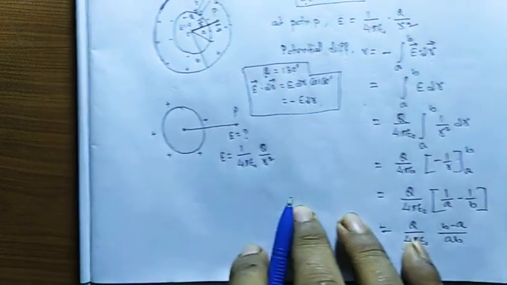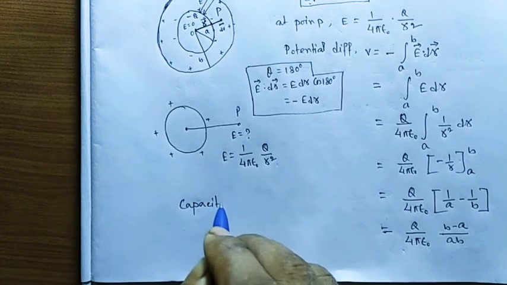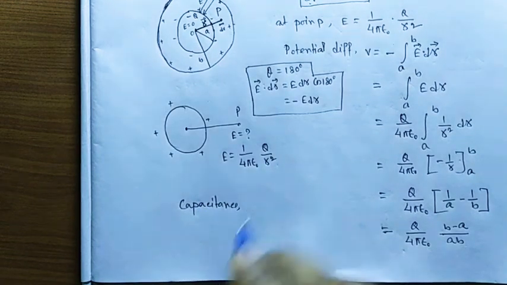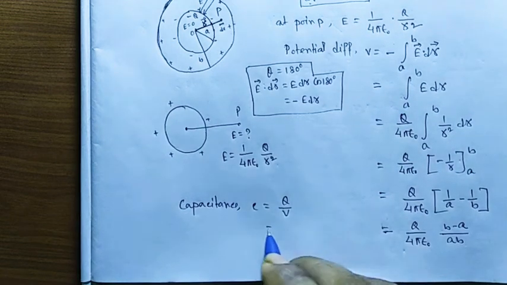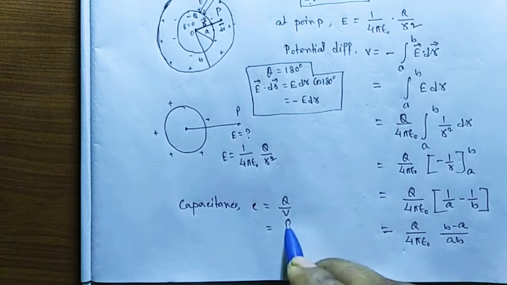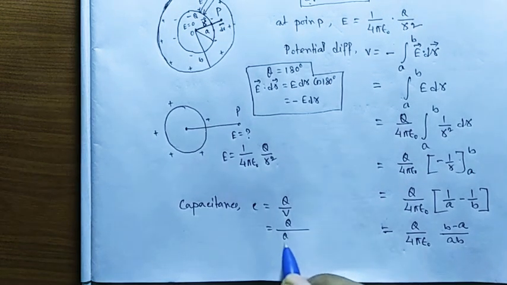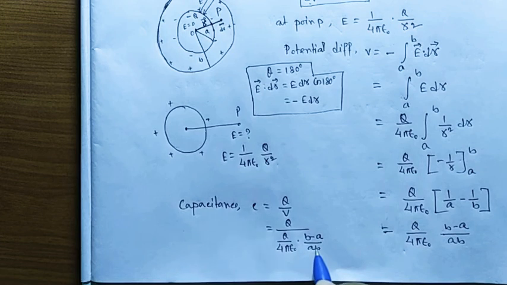Now capacitance C is equal to Q by V is equal to Q by Q by 4 pi epsilon naught B minus A by AB.